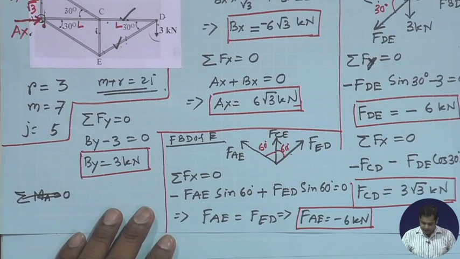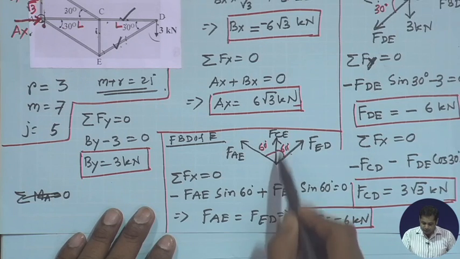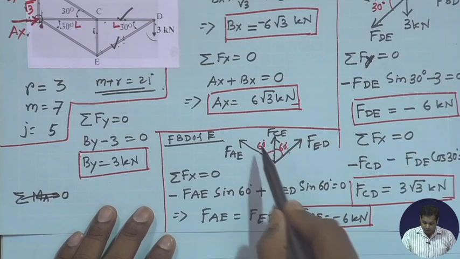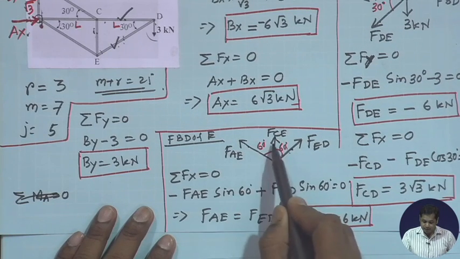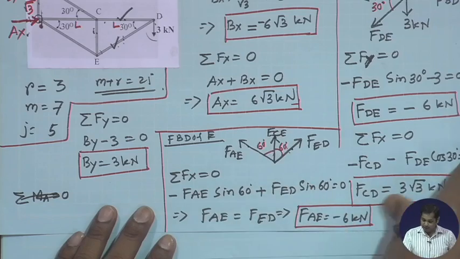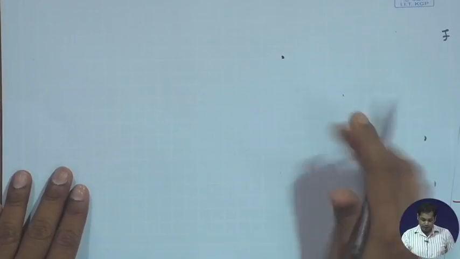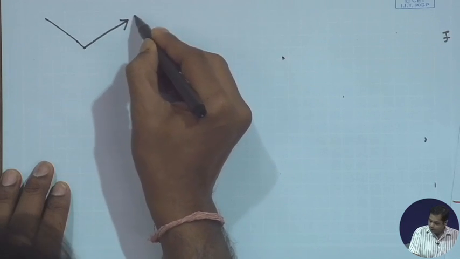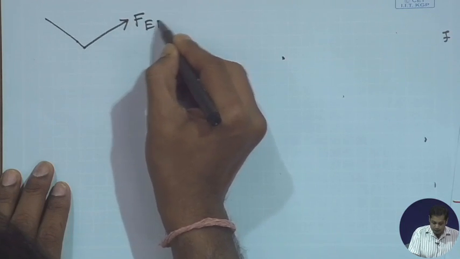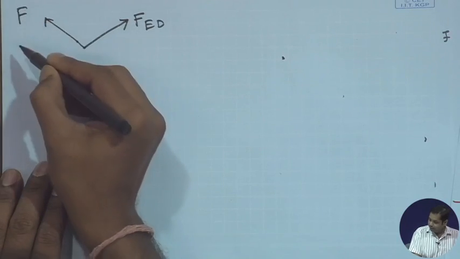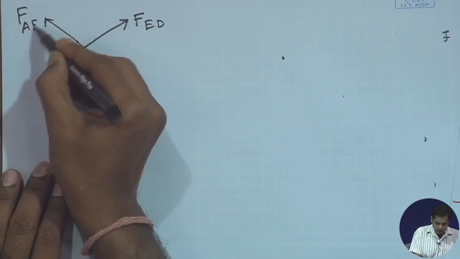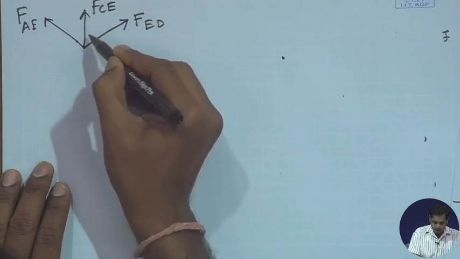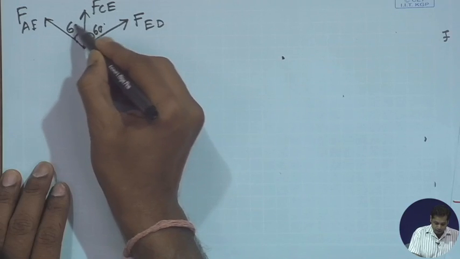Now next we have to take the forces in vertical component. So vertical component will be component of this and this, and the force in member CE itself. So let us once again draw the free body diagram of this. It was FED and it was FAE and the force FCE, this is 60 degree.